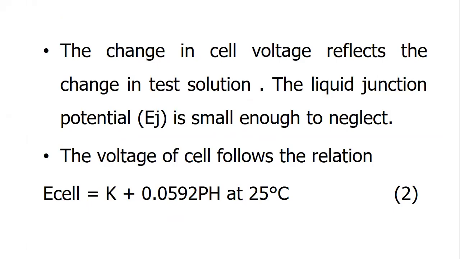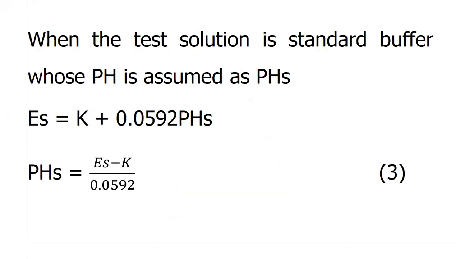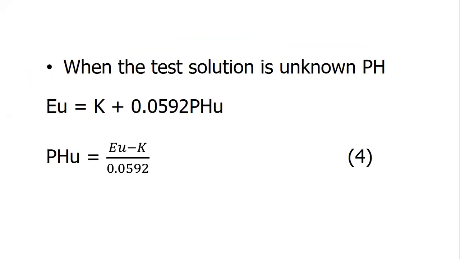The liquid junction potential EJ is small enough to neglect. The relation is E cell equals K plus 0.0592 pH at 25 degrees Celsius. When the test solution is a standard buffer whose pH is assumed as pH S, ES equals K plus 0.0592 pH S, so pH S equals ES minus K over 0.0592.